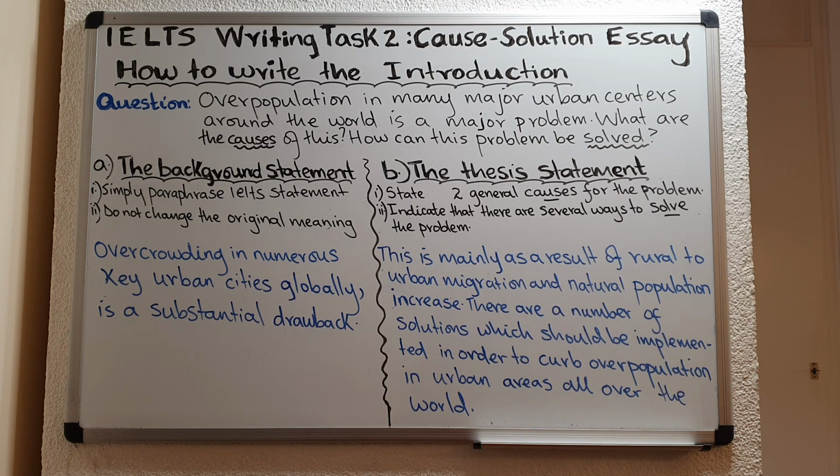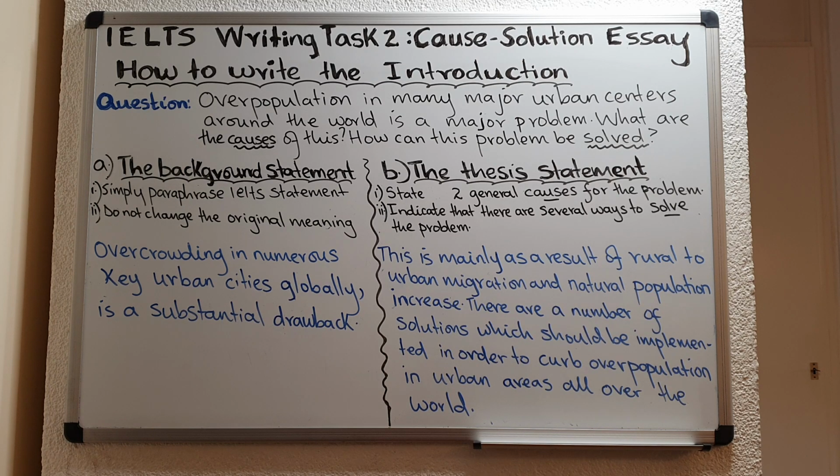There are a number of solutions, and then after that, I repeat the question, which should be implemented in order to curb or to deal with or to end or to reduce overpopulation in urban areas all over the world. So that's how you write the thesis statement.